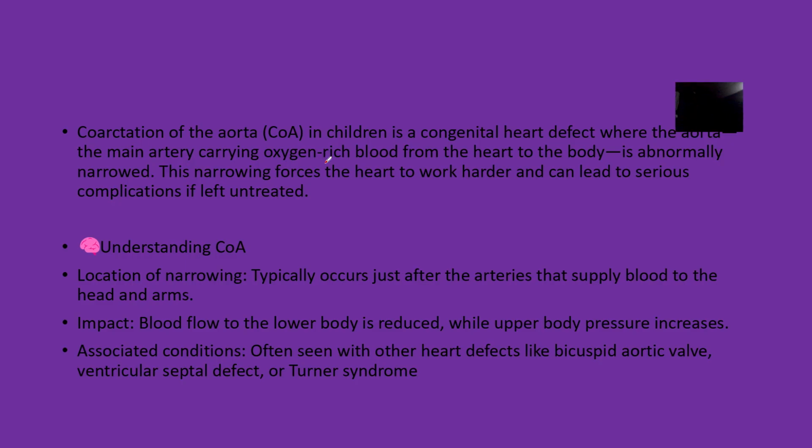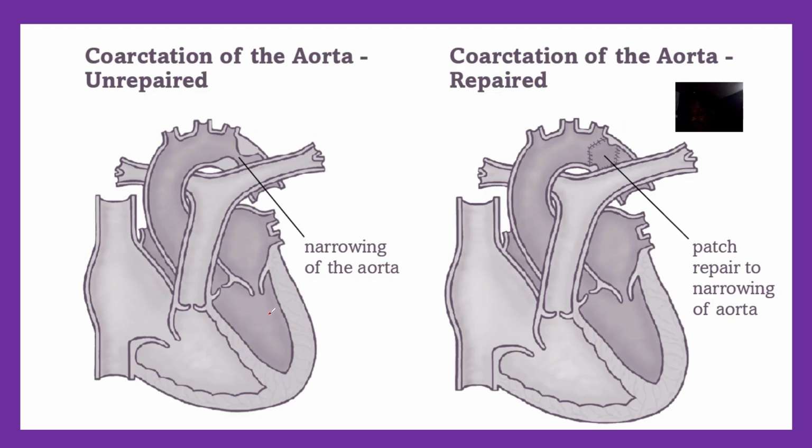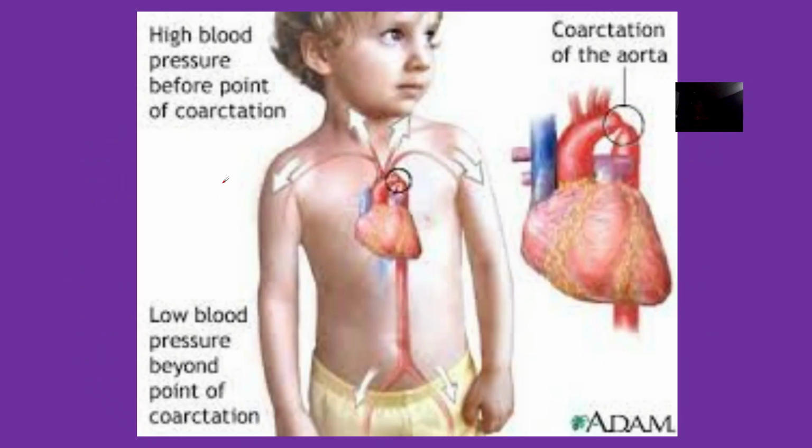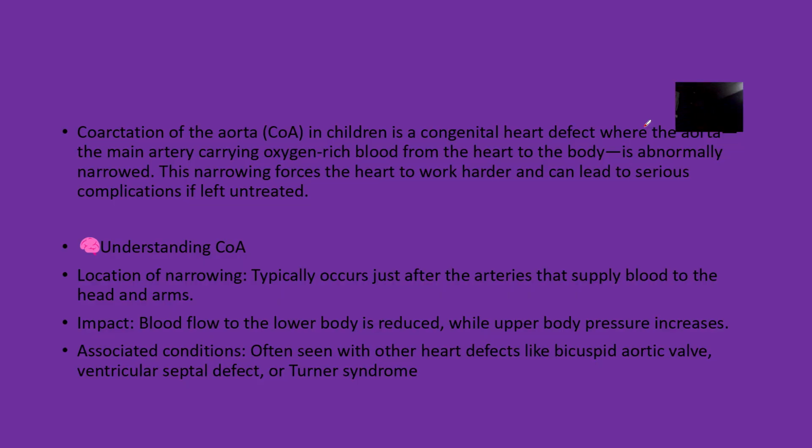All right. So it's a heart defect where the aorta, that's the main artery that carries oxygenated blood from the left side of the heart, is abnormally narrowed. Okay, so can you see narrowed? Yeah, that's a bending too. Yes, you understand. So it's narrowed.